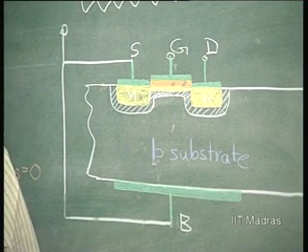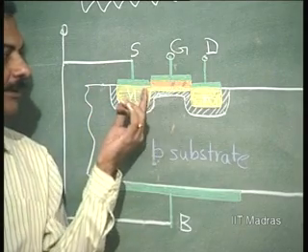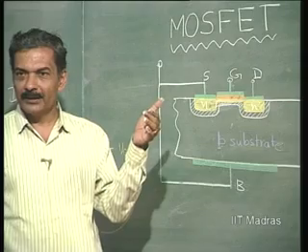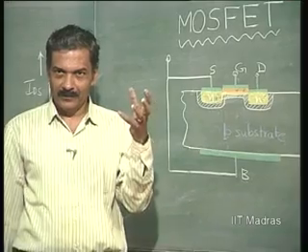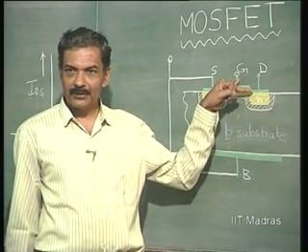So, this is how the channel gets formed, and the voltage that you apply to the gate to make a substantial amount of current start flowing is called the threshold voltage.